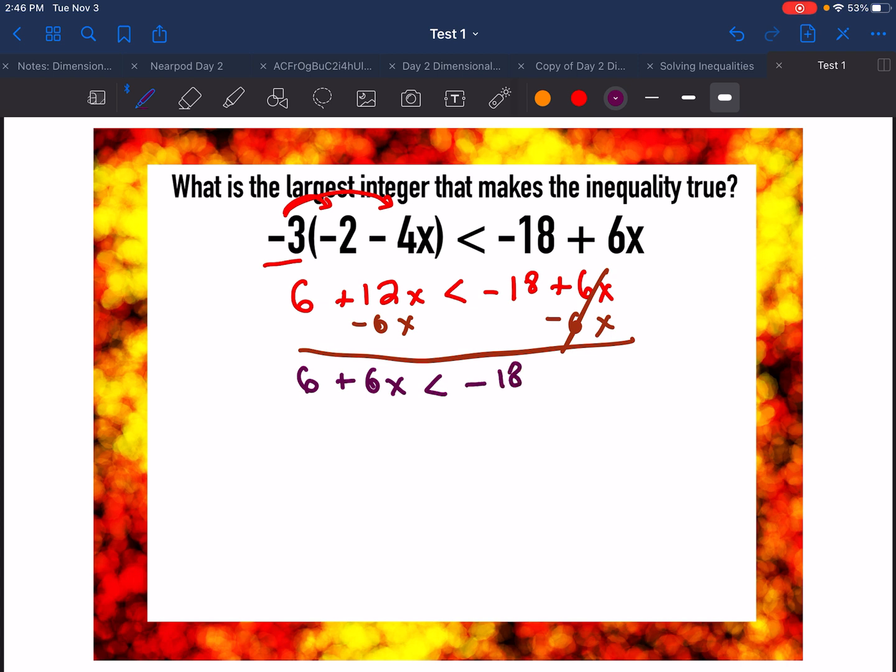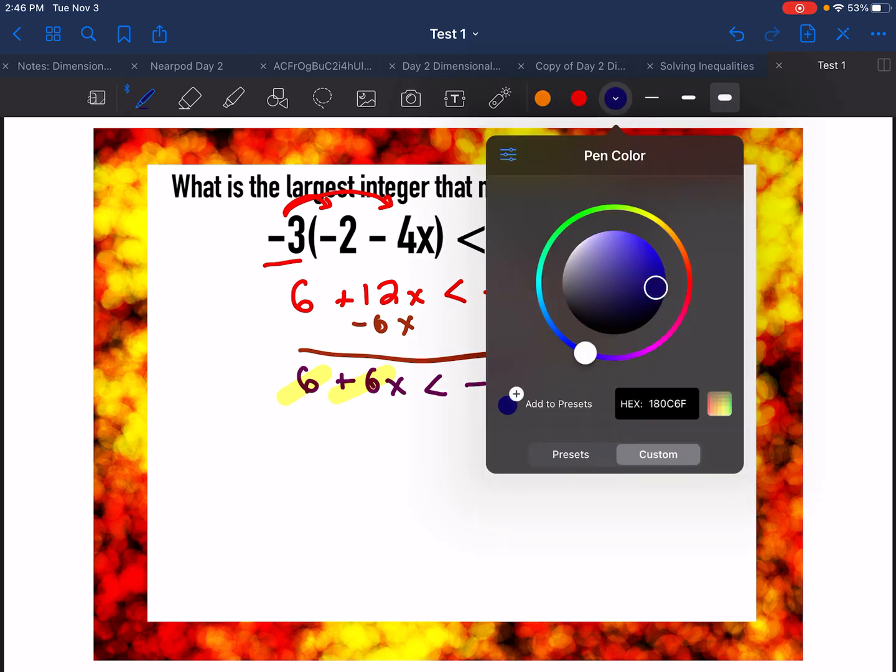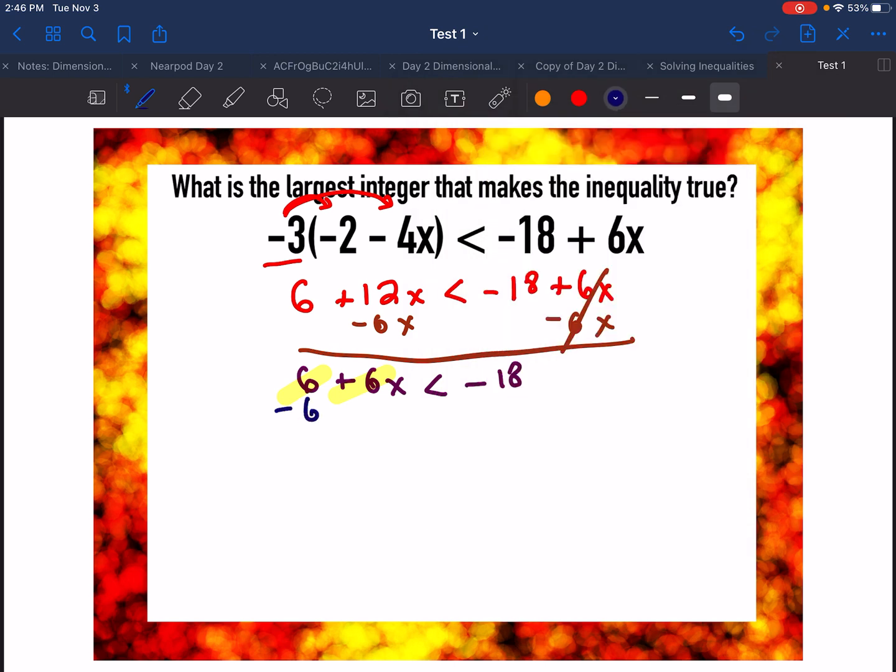I want to get x by itself. I have two numbers kind of near x. They look the same, but I have that 6 and that 6. The 6 that's further away is the constant. So minus 6, minus 6. Bring down 6x is less than negative 18 minus 6, negative 24.